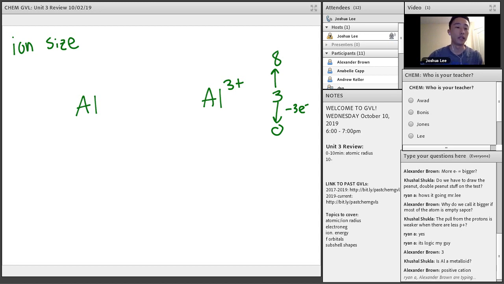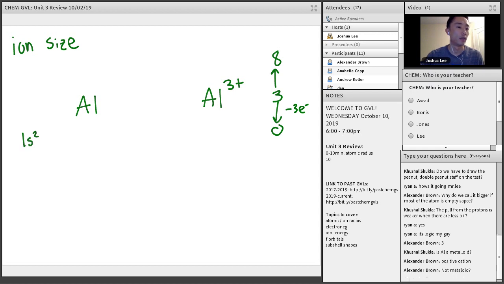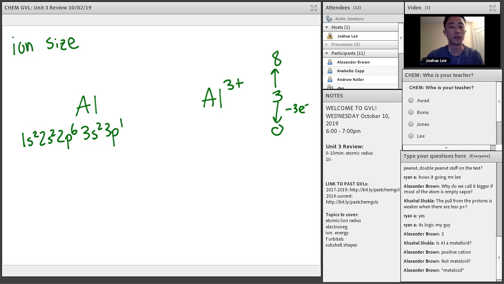Now if we look at the electron configuration for aluminum and the aluminum ion, aluminum is 1s2, 2s2, 2p6, 3s2, 3p1, whereas the aluminum ion is 1s2, 2s2, 2p6, because we got rid of 3 electrons.